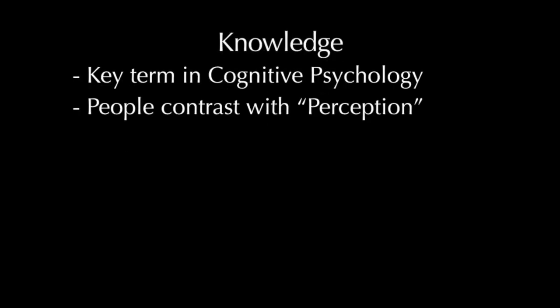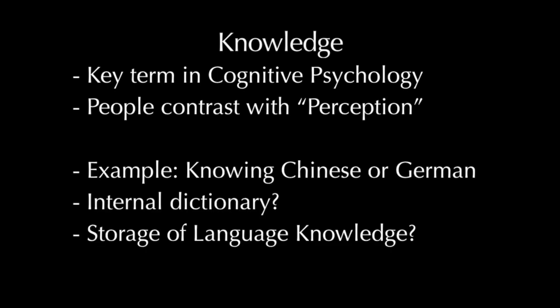So what is knowledge, which is a key term in cognitive psychology? Cognitive psychologists contrast knowledge and perception, and they talk about the independence or separation or relative separation of perception and knowledge. For example, knowing Chinese or German.